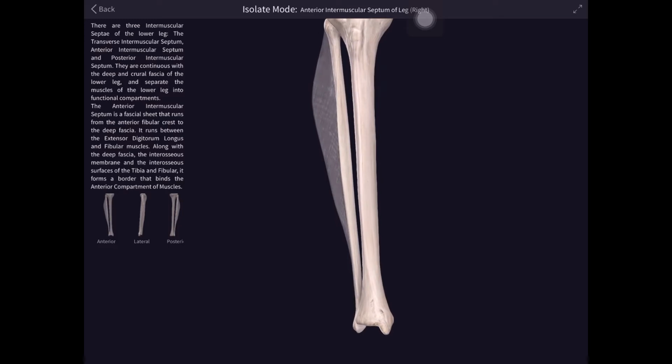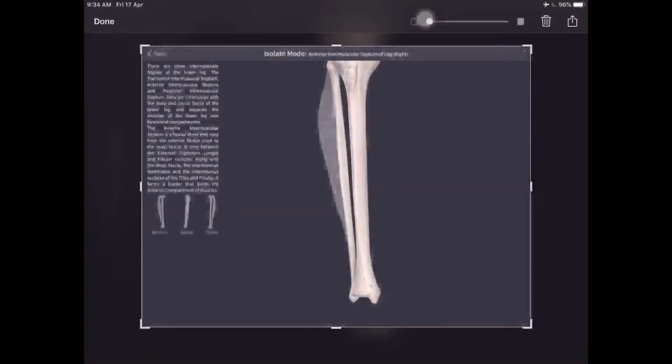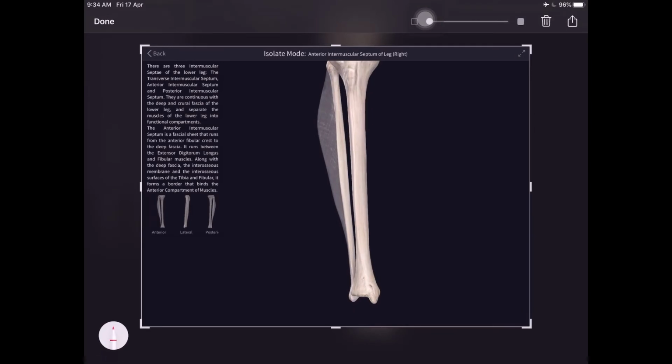So one end is attached. It is something like this, wherein this is your transverse section of the leg, this one is your tibia, and this one is your fibula, with the interosseous membrane in between. So these are your anterior. From here the septa will go all the way here.